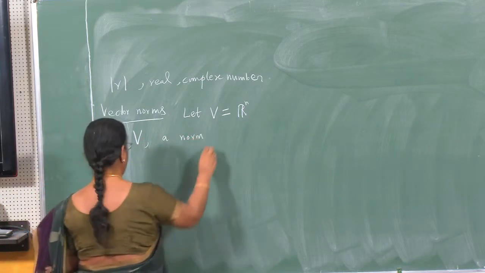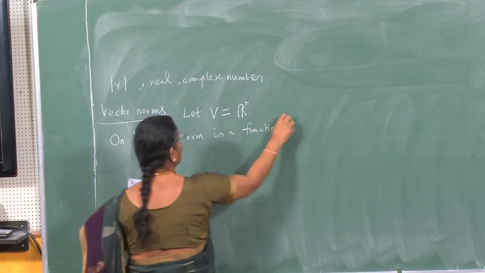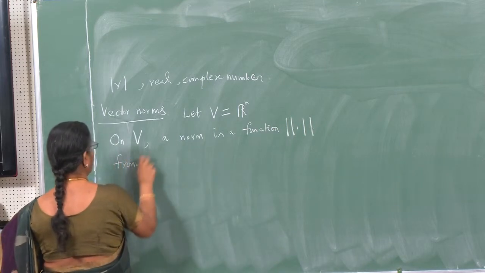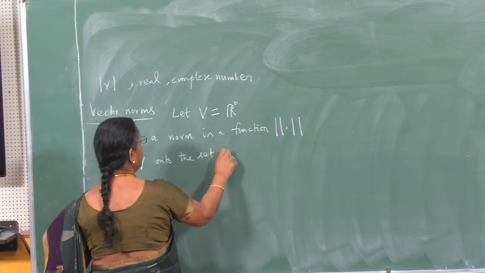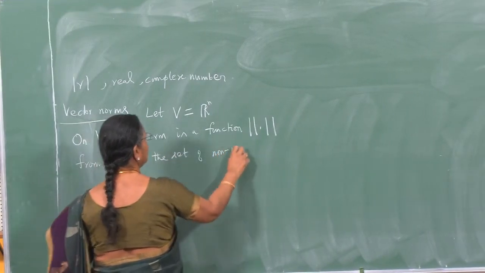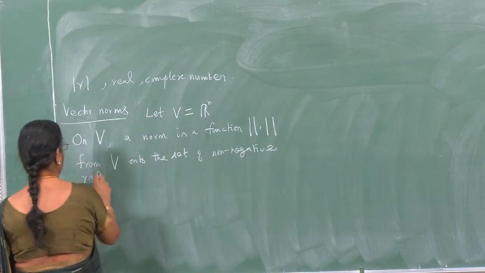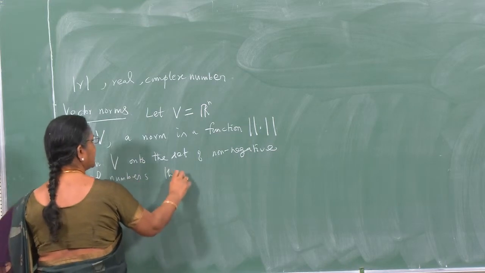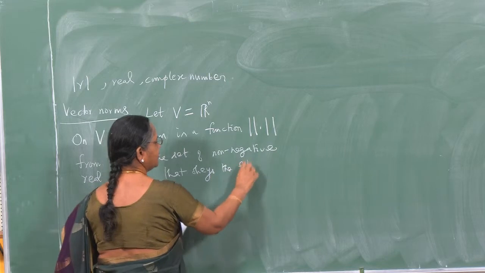So, a norm is a function from V onto the set of non-negative reals that obeys the following postulates.